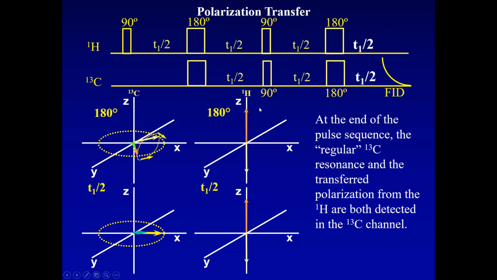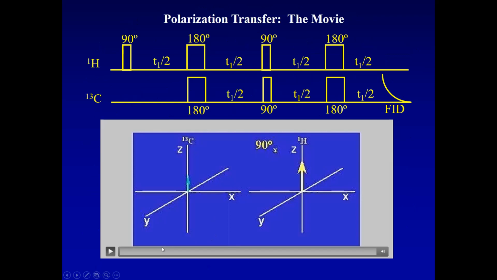So you can think of this as the central point. This sets up, prepares the system for transfer, this makes the transfer, and this brings everything back together for the carbon-13. Here is a video of this playing out. 90-degree pulse in protons, and then we get some dephasing.